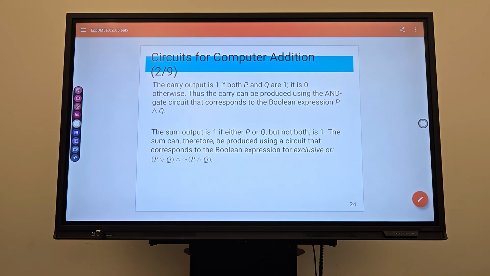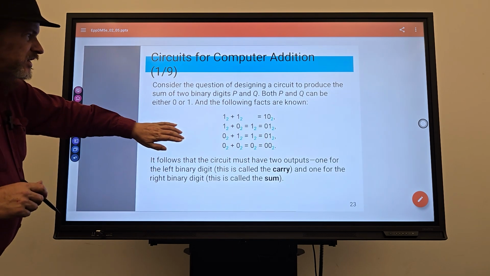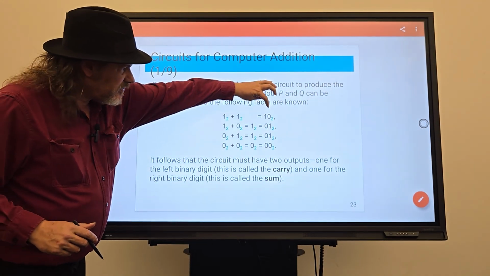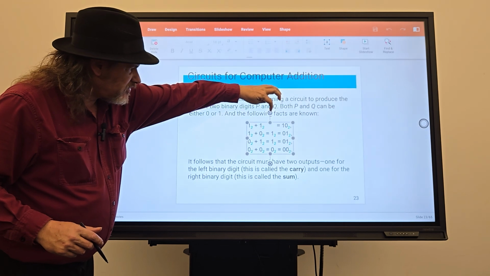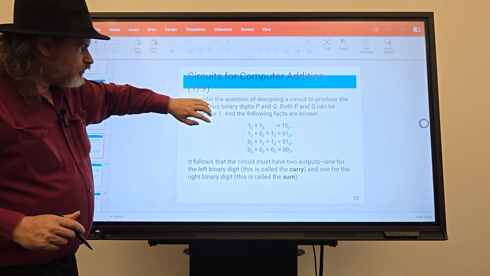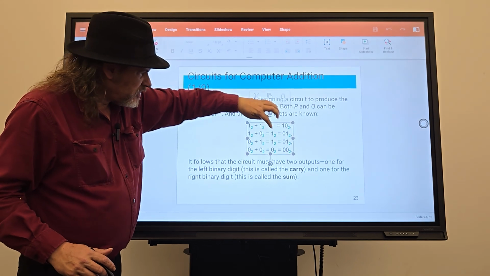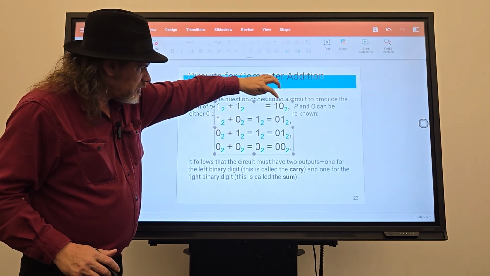Right? If P and Q are the same, the last digit is 0. 0 and 0, 0. 1 and 1, 0.